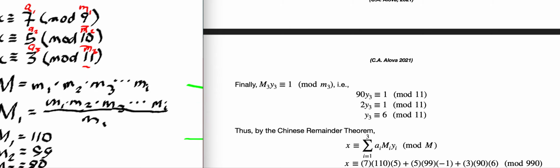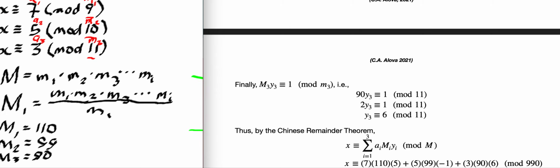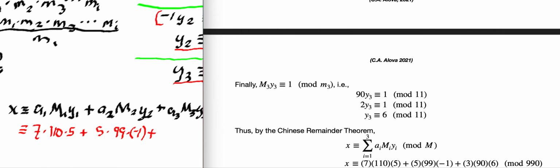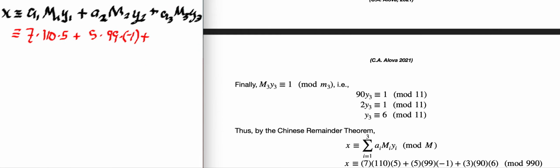A sub 3 is 3. Our big M sub 3 is 90. Our y sub 3 is 6. So hence what we have here is 3 times 90 times 6. So pretty much the same here, which you can see.